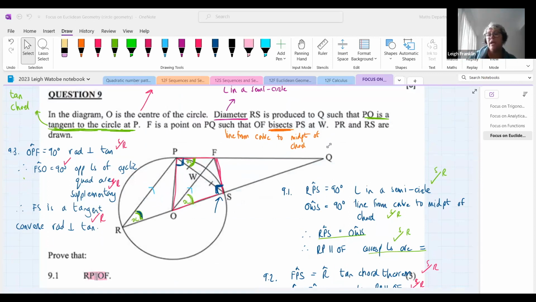The moment you see a word, try and relate that to a theorem. So when you see diameter, angle in a semicircle; tangent, tan chord theorem, tangents from the same point, radius perpendicular to tangent. Put all that information onto the diagram first and then go and look at the questions.